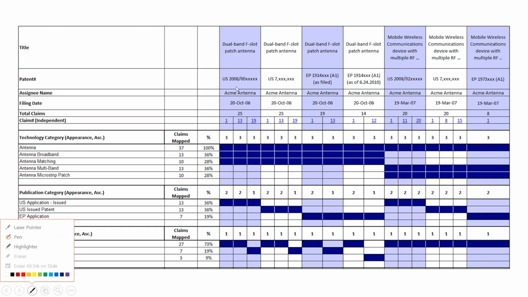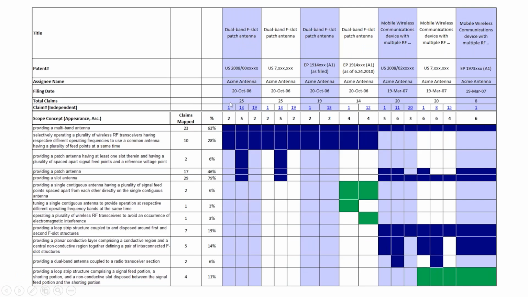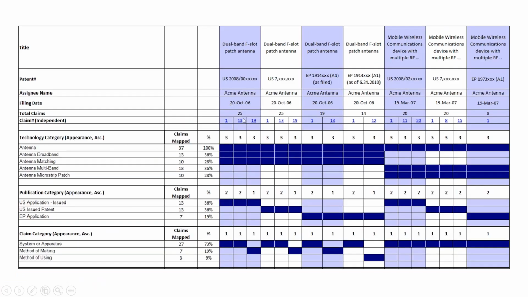And then within each of these colored vertical columns, you've got the independent claims in more detailed columns. So we've got claims 1, 3, and 19 for that first matter, claims 1 and 13 or 12 for the second matter. And so you can see we're getting into the specifics of not just the patent, but the various independent claims within the patent.